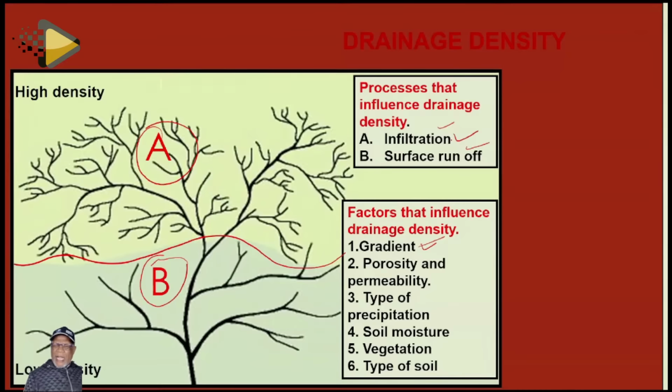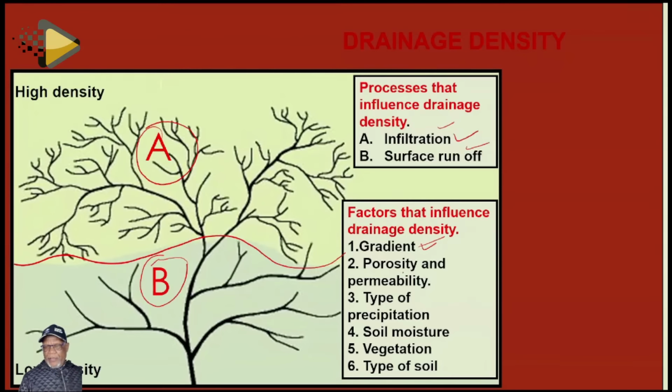They say, how did vegetation influence density at B? At B, there is more vegetation. That is why at B, there is more infiltration and less surface runoff. That is why the density is lower.